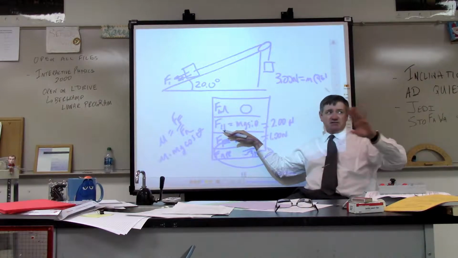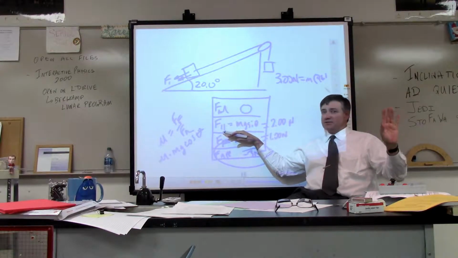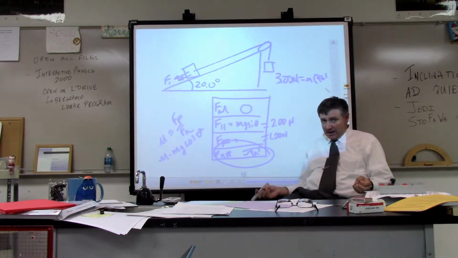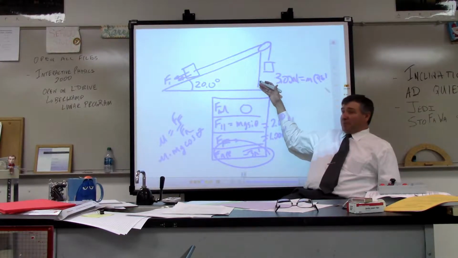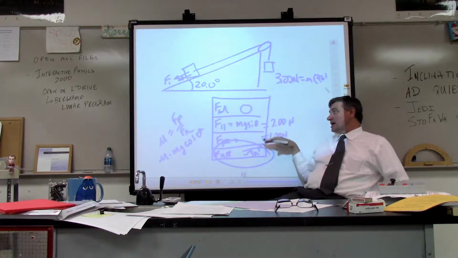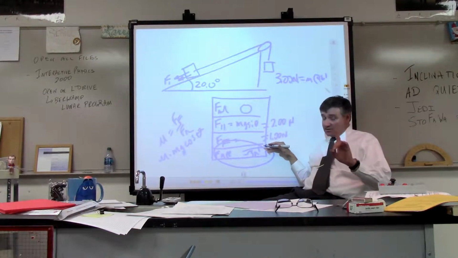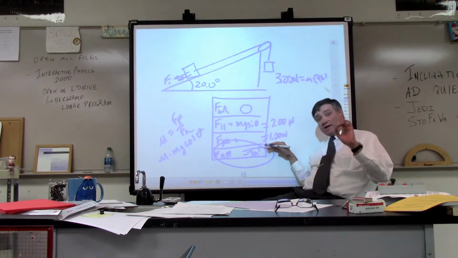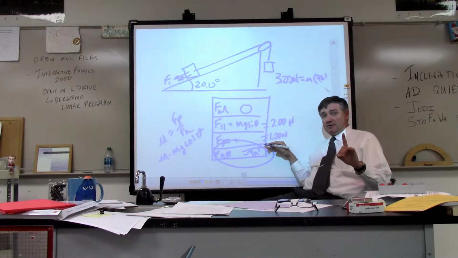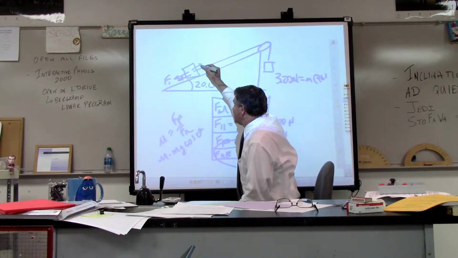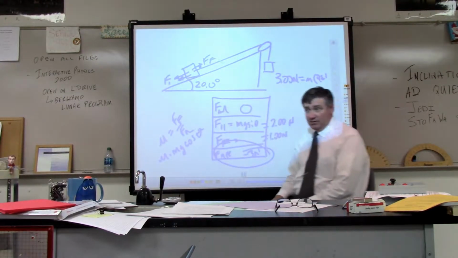No, it's the exact same. It's still the same numeric value, and it's still pointing down the hill. When the block slides down the hill, is that going to change the value of my frictional force? No. The value is still going to be the exact same. But what is going to change about it? The sign. Now, my frictional force is going to be acting up the hill.